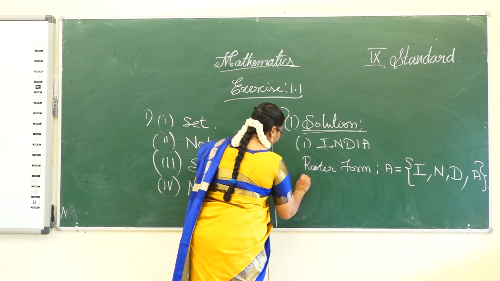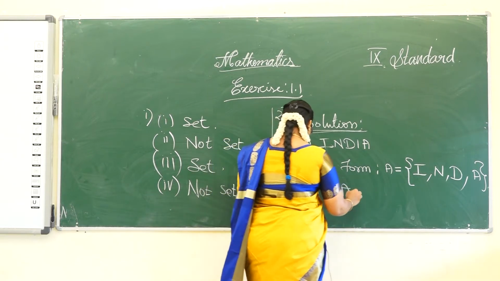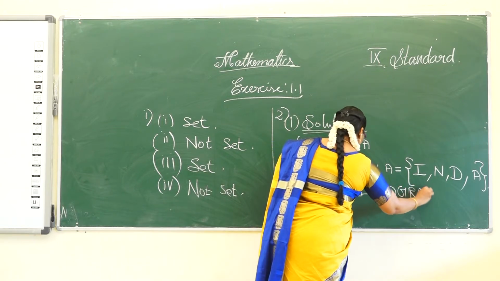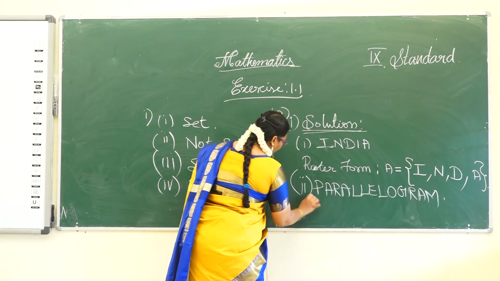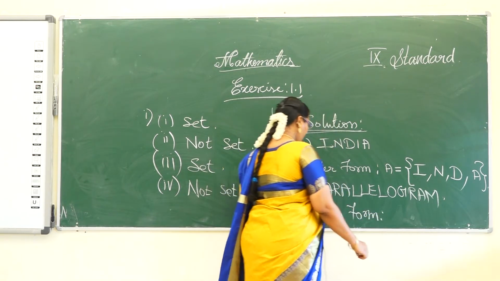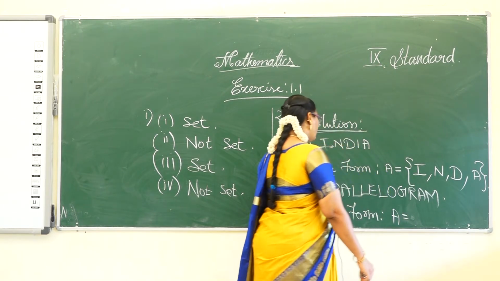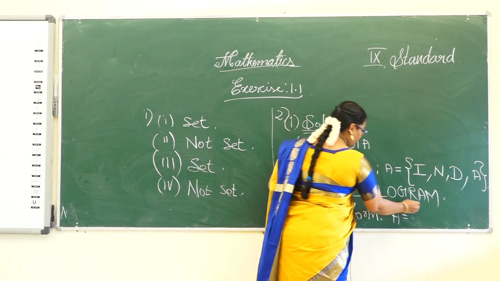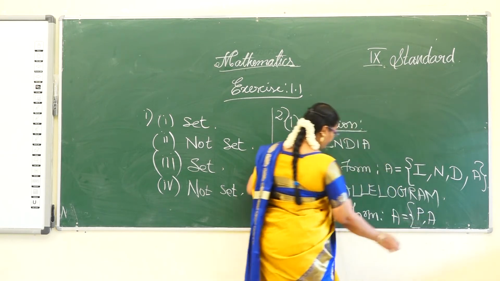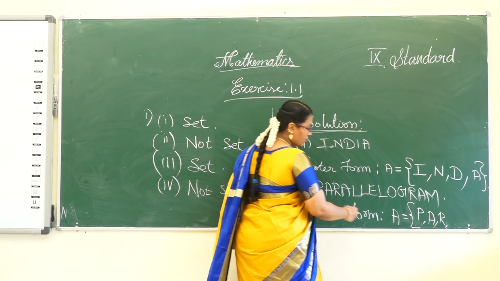And next one, parallelogram. So roster form: the set A is equal to first P, and next letter is A, and next R. A already written, so need not write again.